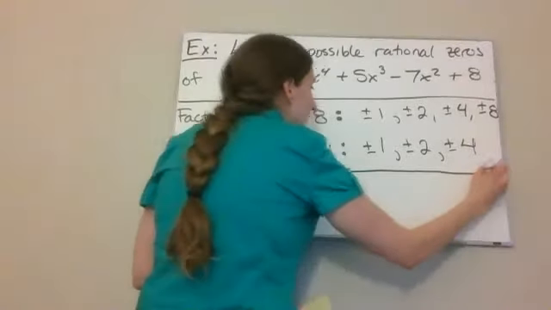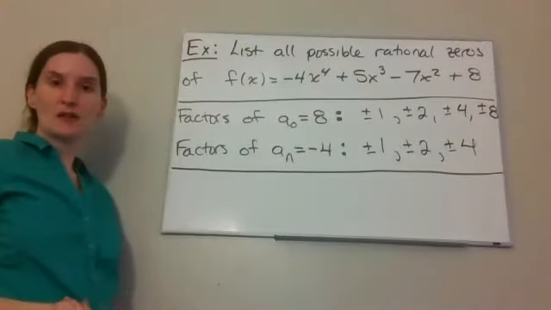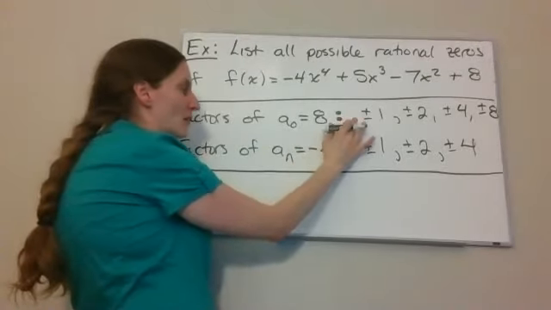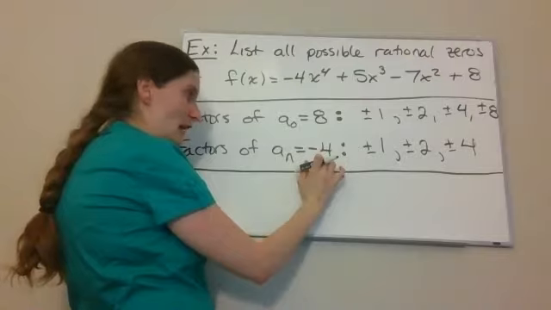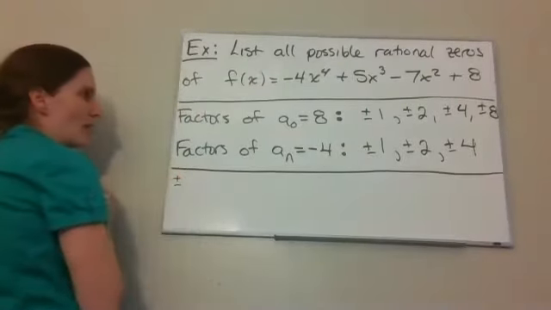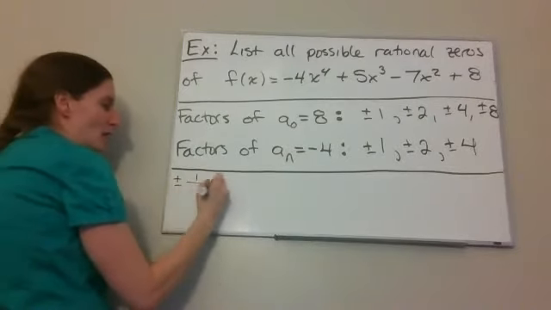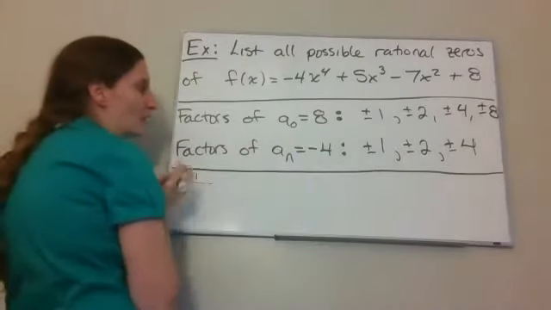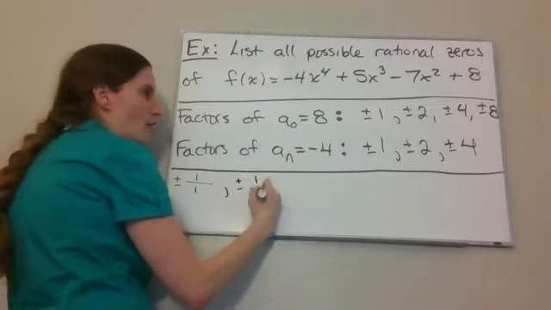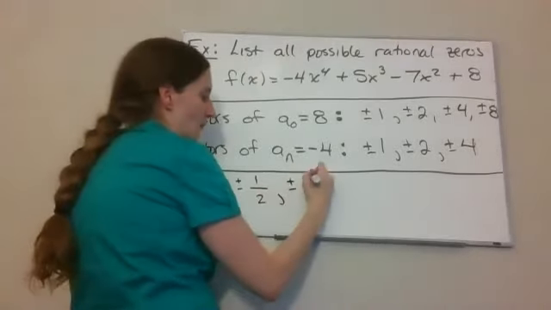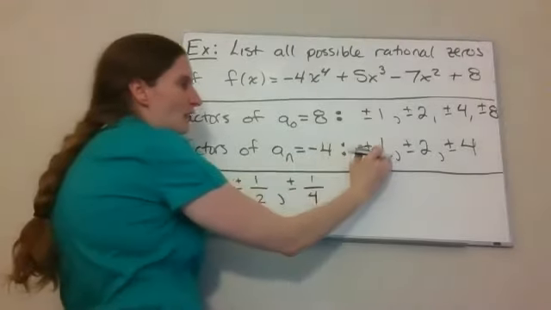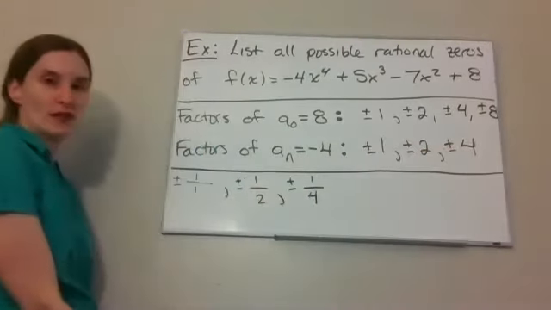So now if I want to list all of the possible rational zeros, these possible factors of 8 go on the top, and the possible factors of negative 4 go on the bottom. So I'm going to start by writing all of the possibilities that have a 1 from my factors of 8. So I can have 1 over 1, 1 over 2, or 1 over 4. So that's using this plus or minus 1 over all of the choices for the denominator.